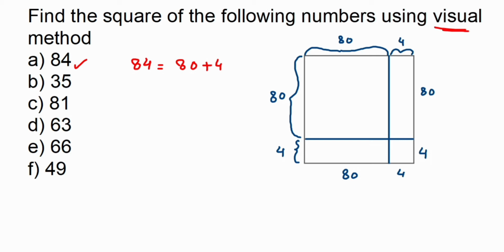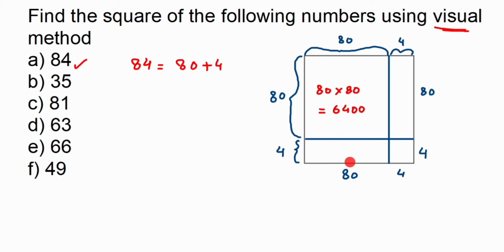So just multiply the side, 80 into 80, and that is 6400. So this is 80 multiplied by 80, which is nothing but 6400.